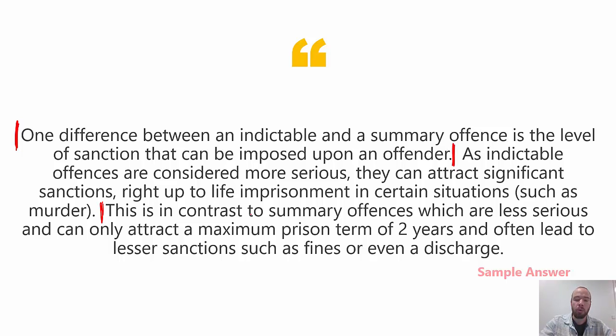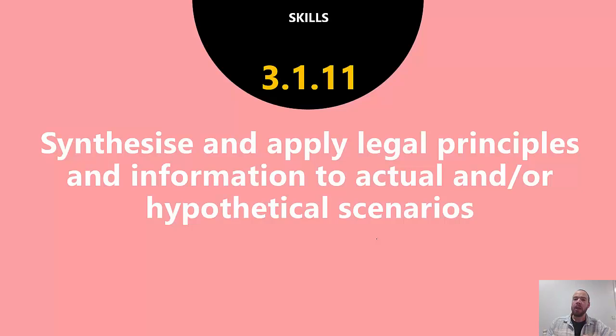So this is a really important term. I'm showing a difference. This is in contrast to summary offences, which are less serious and can only attract a maximum prison term of 2 years and often lead to lesser sanctions. So really clearly showing that I know a difference, and here's some further detail that shows how deeply I know it. Indictable offences are like this, whereas summary offences are like this.